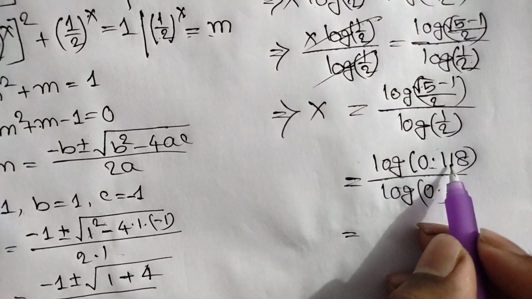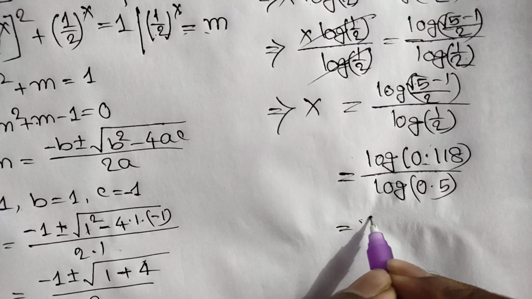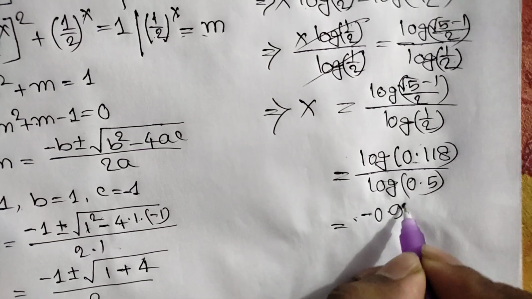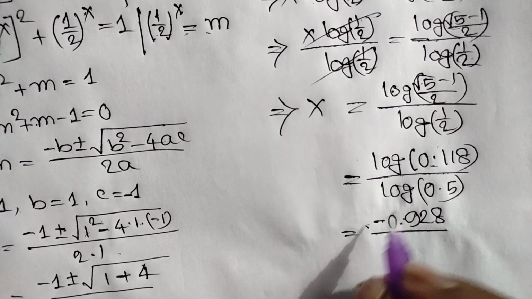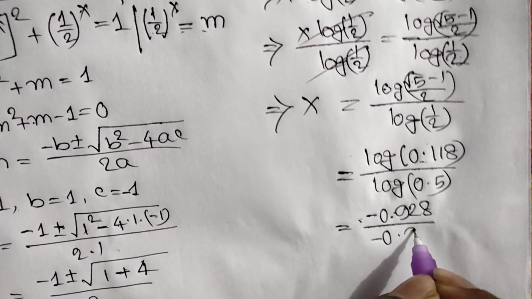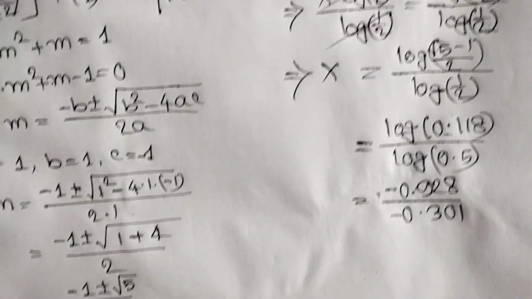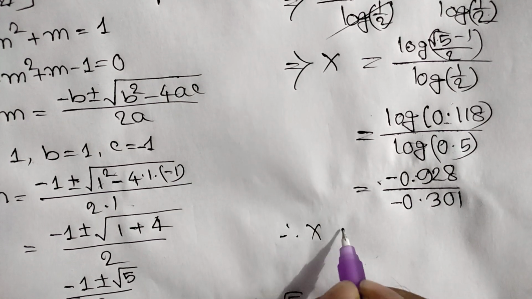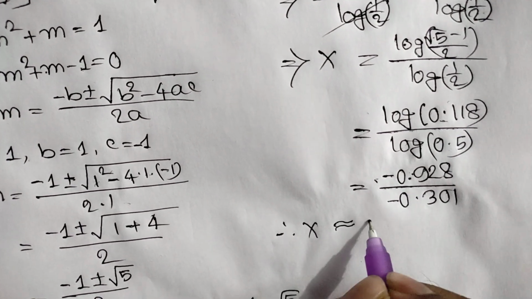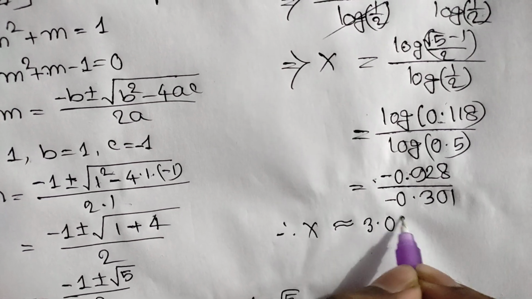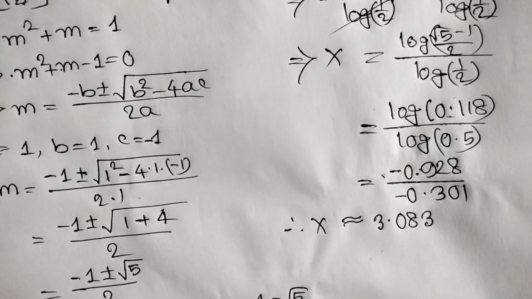Log of 0.118 is equal to minus 0.928 over log of 0.5 is equal to minus 0.301. So the value of x is equal to this divided by this, which is equal to 3.083.